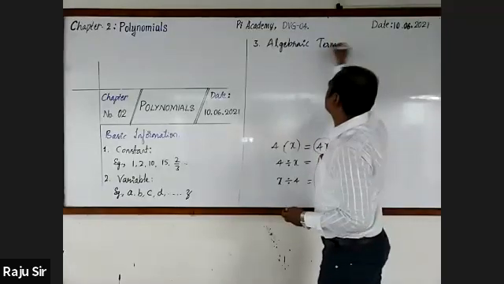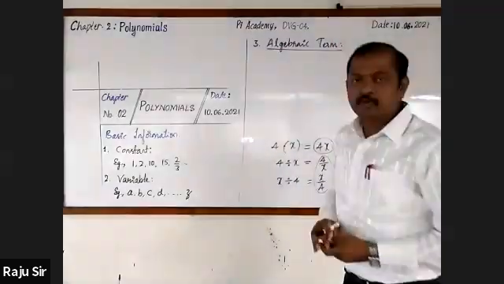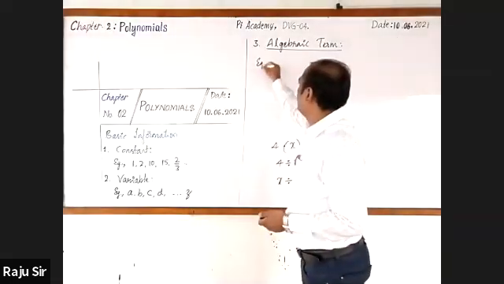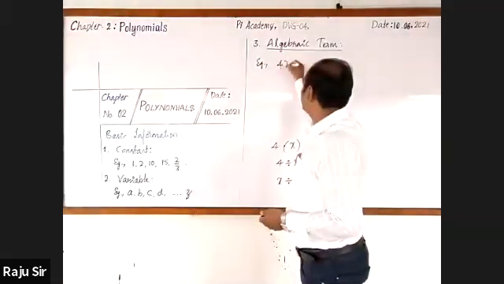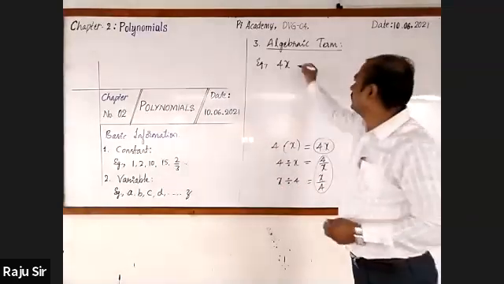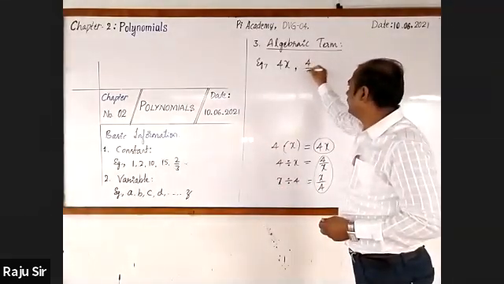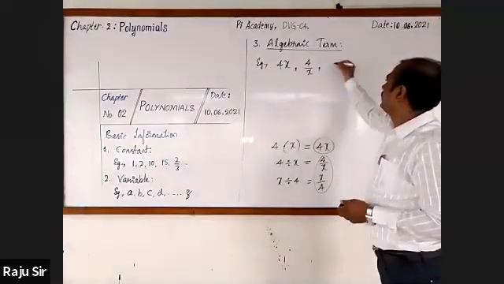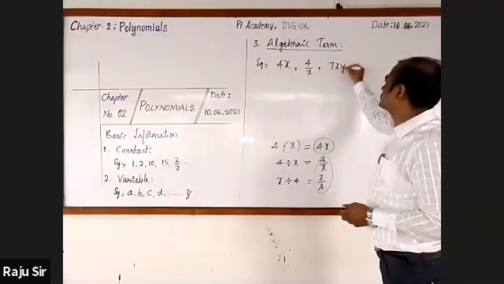Let me take a few examples for algebraic terms. I take this one only, 4x, then even 4 by x or x by 4. Not only this, 7xyz.